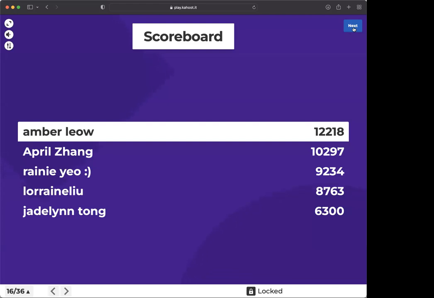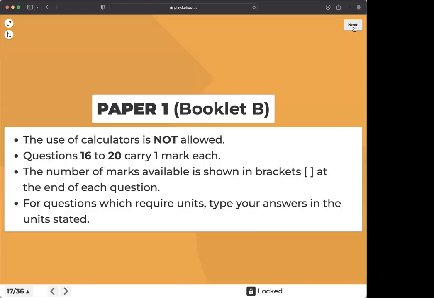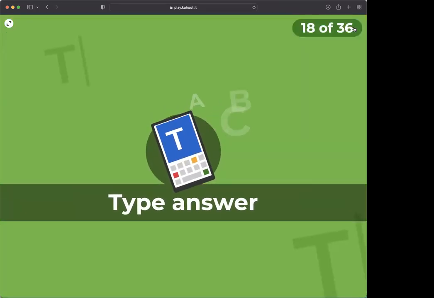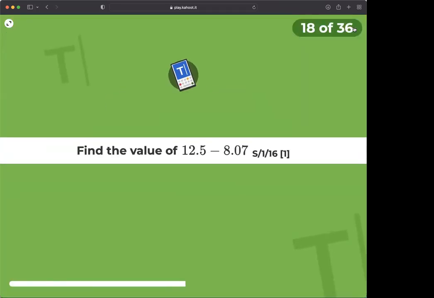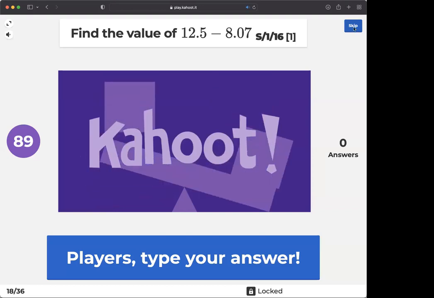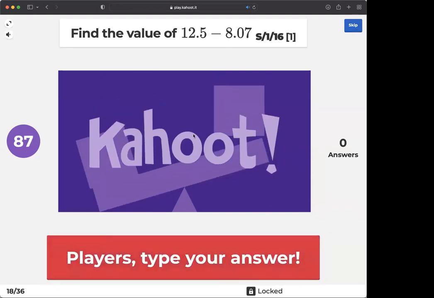Let's continue. None of you got it correct. Now we'll do paper 1 booklet B questions. Same thing, paper 1, no calculator. So we continue to do the questions, but you must type in the answer yourself. Okay, so this is the question. You type in the answer.